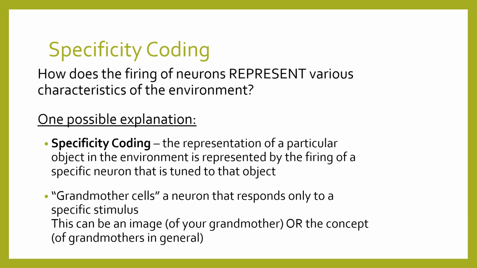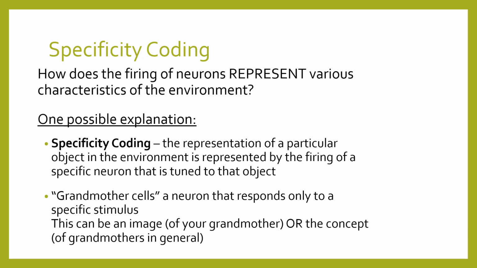And I'm going to talk about specificity coding versus population or distributed coding. This argument is going to come back for all of our sensory modalities. It ends up coming back for sound localization as well as for taste, as far as within the textbook.